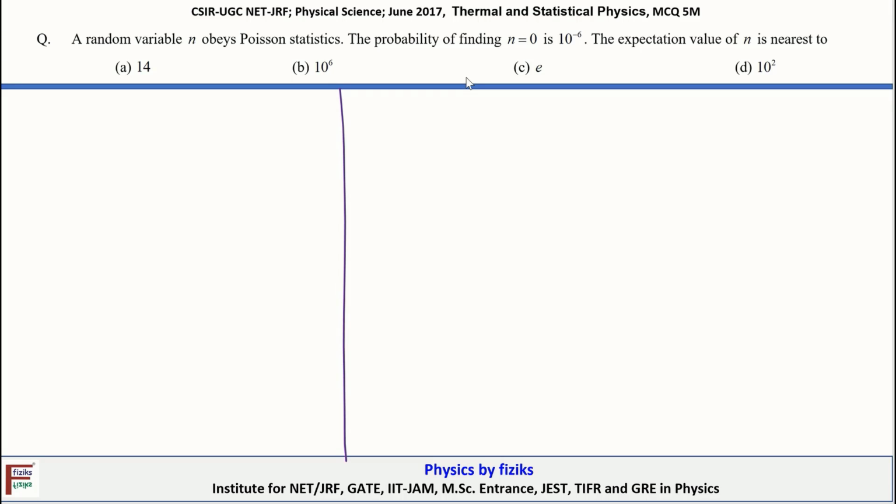From Poisson statistics, the probability p(n) is equal to e power minus average n, then average n power n divided by n factorial. This is basically the expectation value of n, which we have to find.